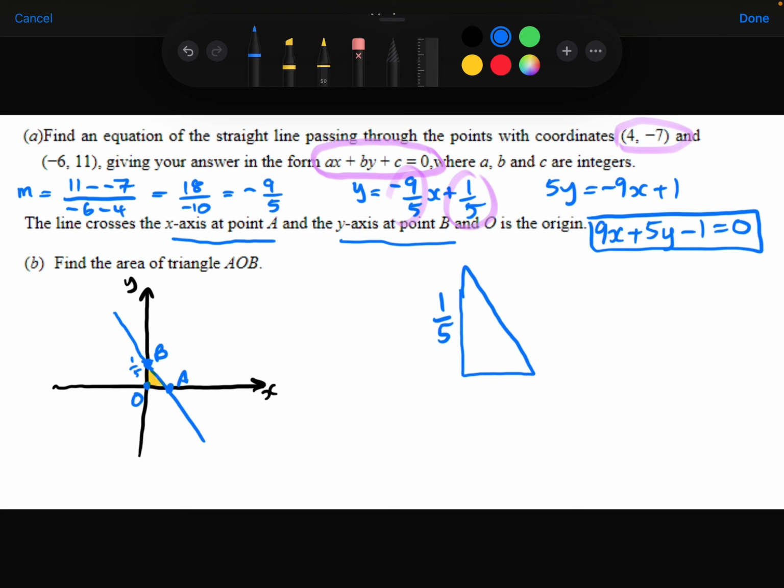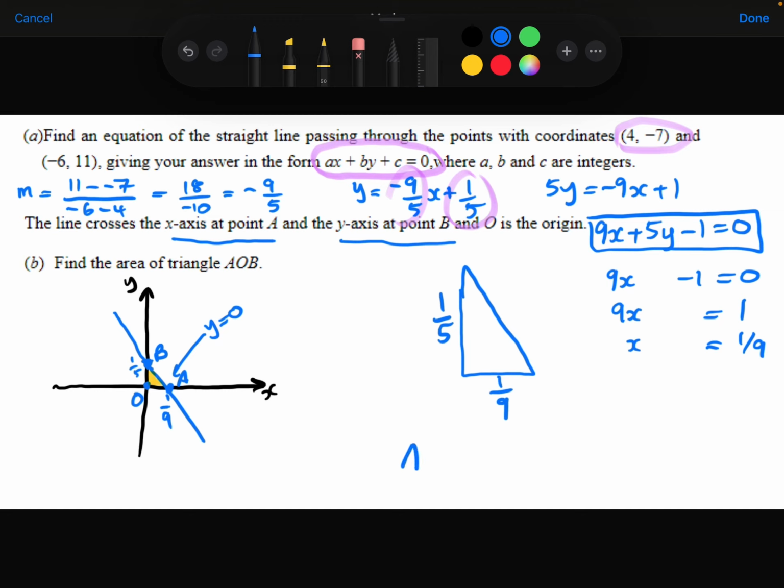The one thing I know at point A is that y is 0. So if I substitute 0 into my equation, I find that x is 1/9 at that point, which means the base of my triangle is 1/9.